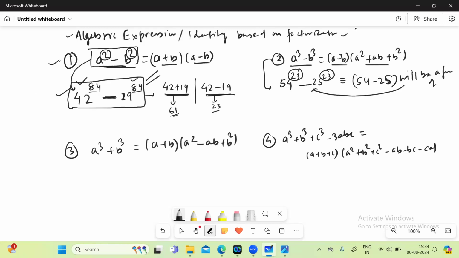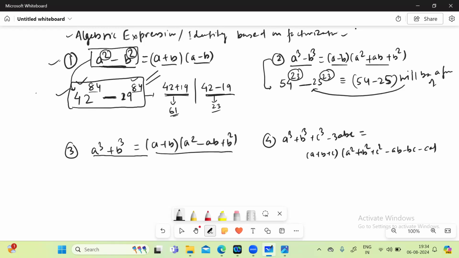This particular thing is very frequently used, and probably one of your exam questions appearing this year will have this particular concept. Similarly, you can generalize this also.